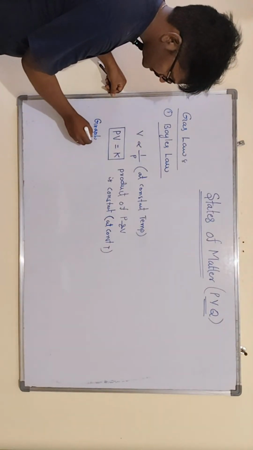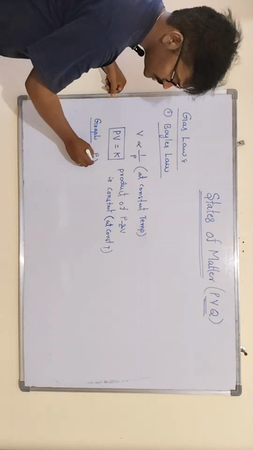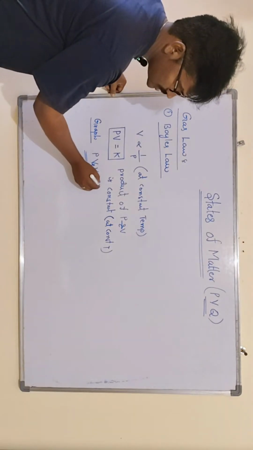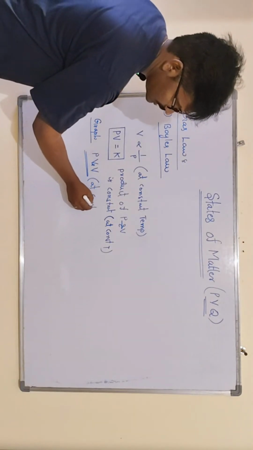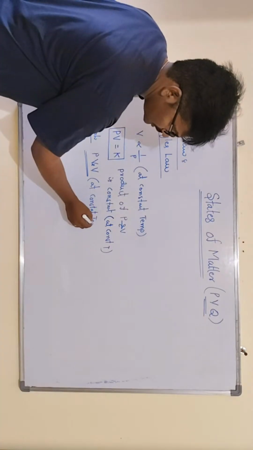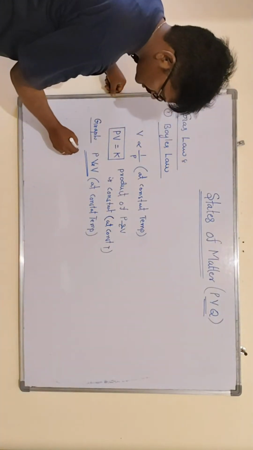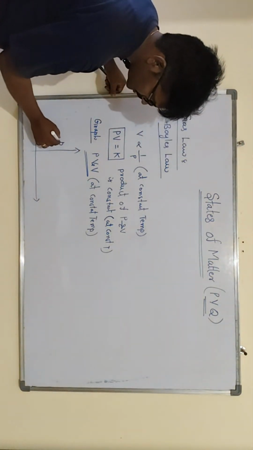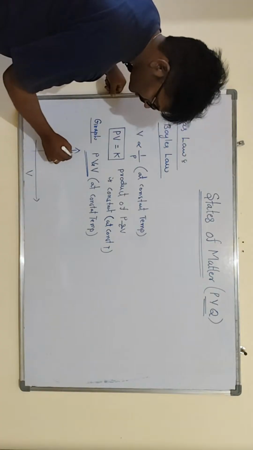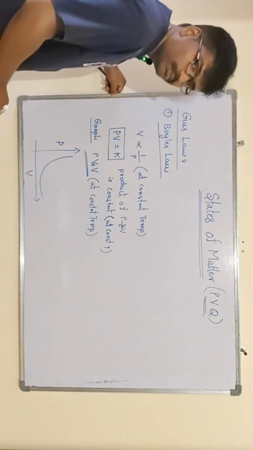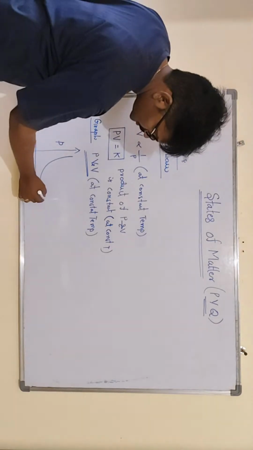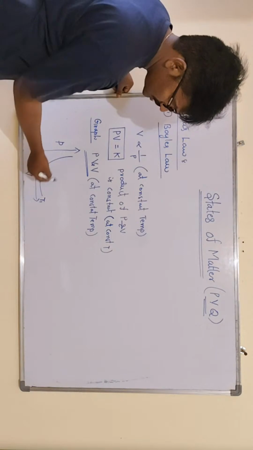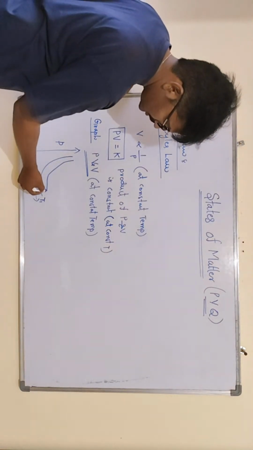If you observe the graph of pressure versus volume at constant temperature, you get curves like this. Just assume this is T1. In another temperature higher than this, you get a curve like this.